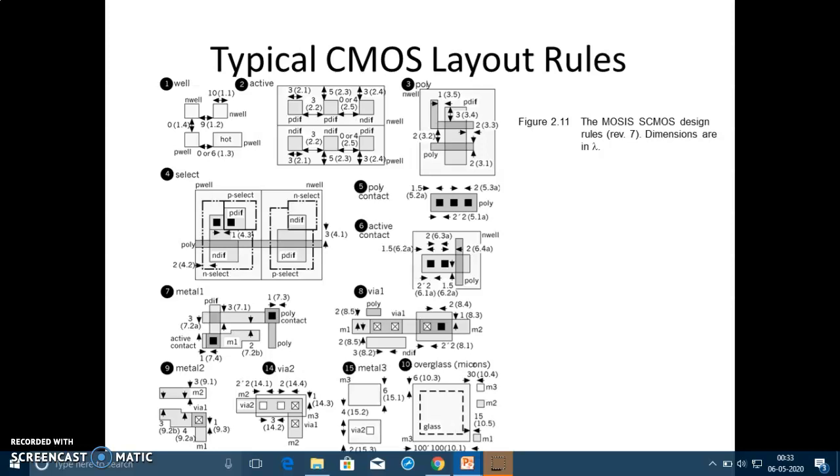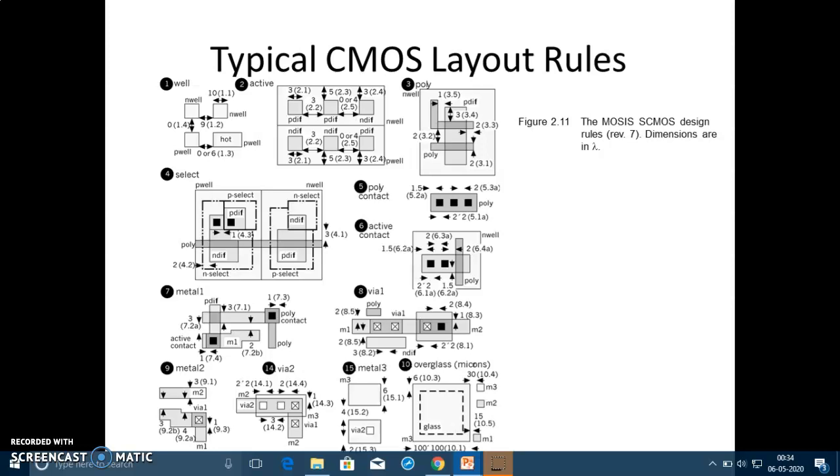Here we can see typical CMOS layout rules: how much size N well and P well will be, the distance between diffusions, between N diffusion and P diffusion, and also poly between N well and P diffusion, like that. Here the diagram fully explains typical CMOS layout rules and the distances in terms of lambda that we can use.